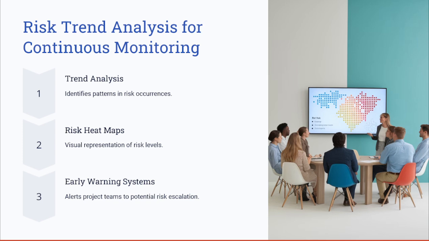Also, you have the risk heat map. It's a visual representation of the risk levels, in case you have a risk that was identified as high severity, high impact, or high probability. If you recall, when we did the qualitative risk analysis, we assigned values to each of these risks, where we say that this risk might happen or might not.